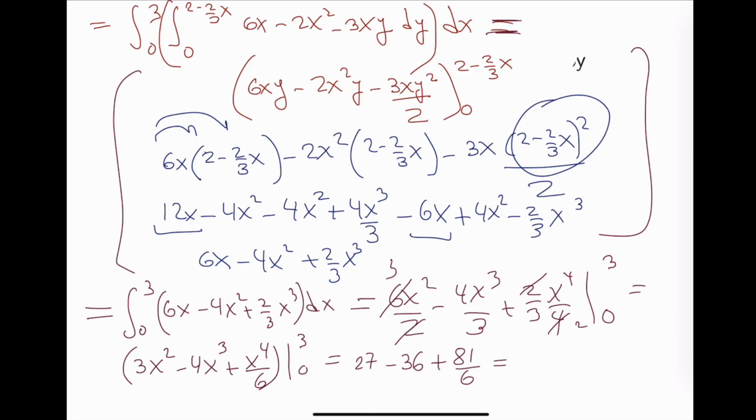And so we get that this is 27 minus 36 is minus 9, plus simplifying here, this is 27 halves, and this is 9 times 2 is 18. 27 minus 18 is 9 over 2. So then this is the result, 9/2, of the whole integral that we set up to calculate.